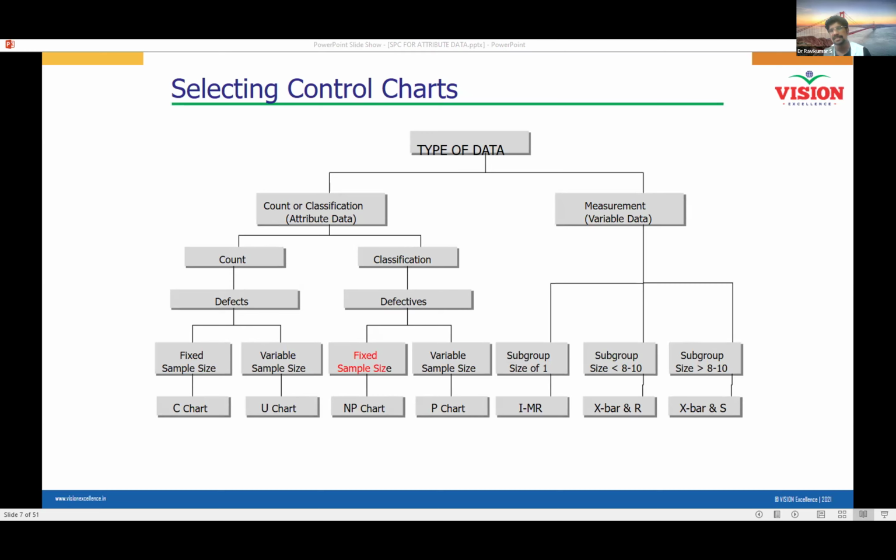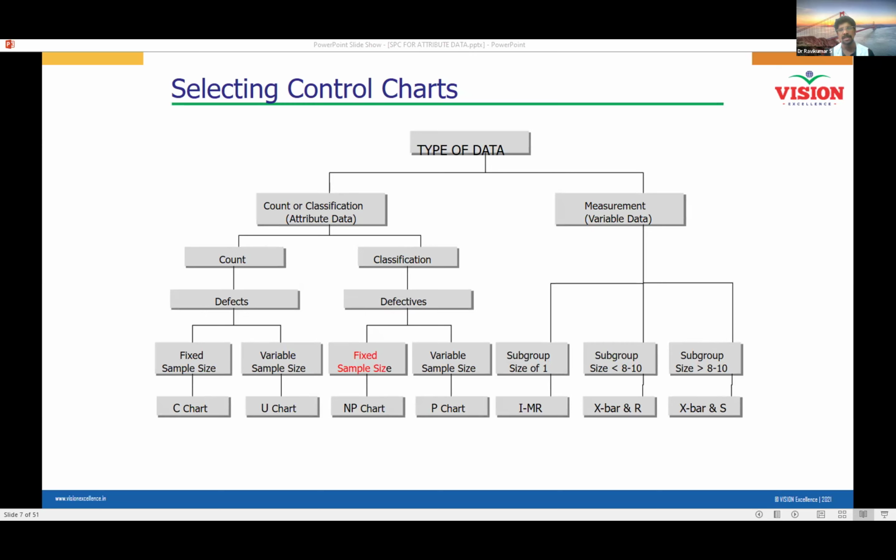Every week the lab is making 50 tests, and the doctor is choosing 10 tests every time for inspection, 10 test samples for auditing. Then it is called a fixed sample size.